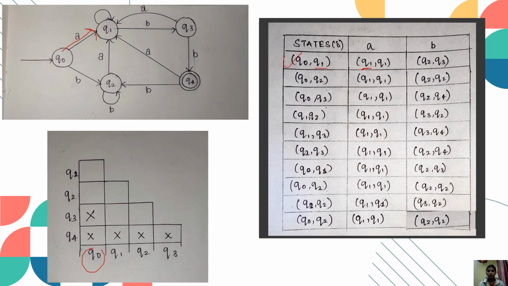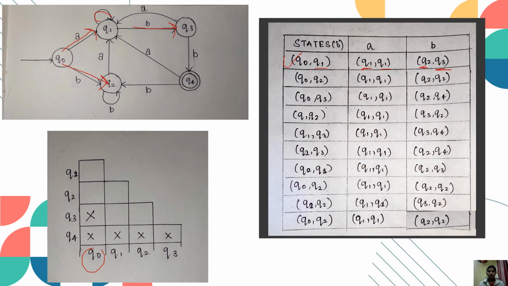So we'll write Q1. Similarly, we'll check where the Q0 state reaches on B. It reaches Q0, so we'll have Q0 over here for B. And Q1, where does Q1 reach on B? It reaches Q3. So we'll write Q3.